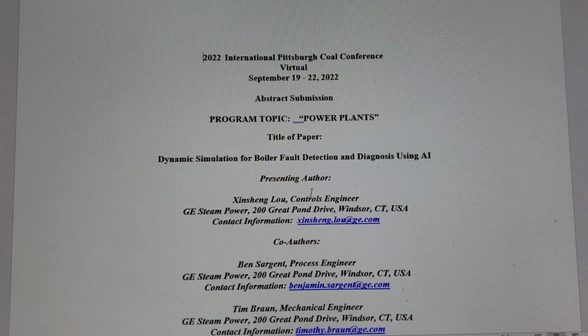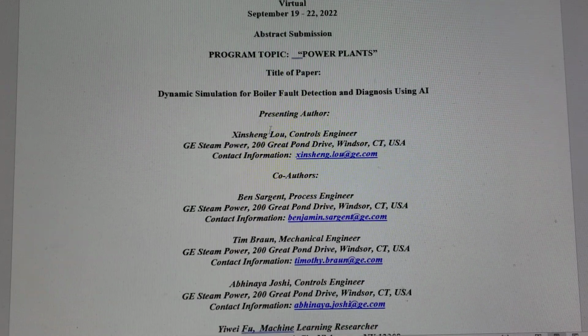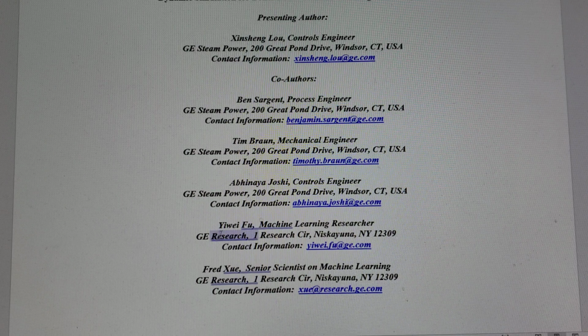In this work, we have done a simulation using the boiler model to simulate both normal and fault scenarios. And the data was passed to machine learning experts, Yiwei Fu and Fred Xue from GE Research.